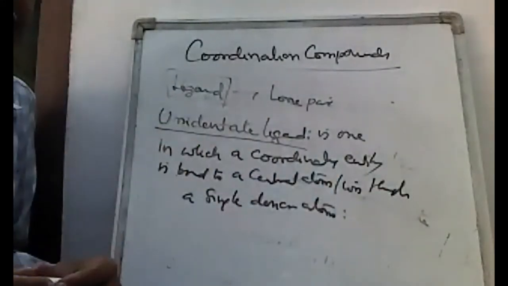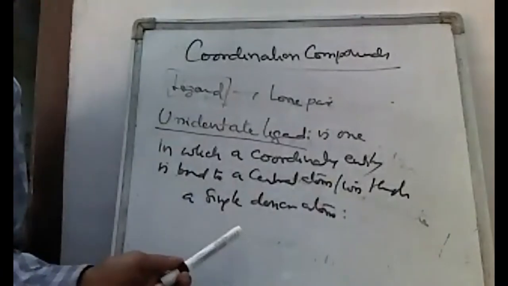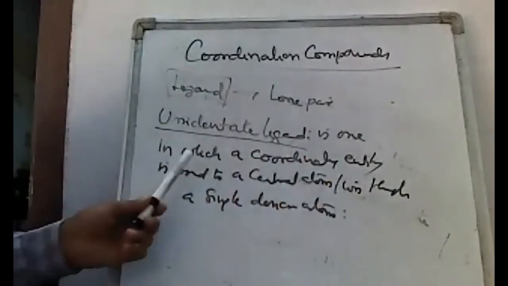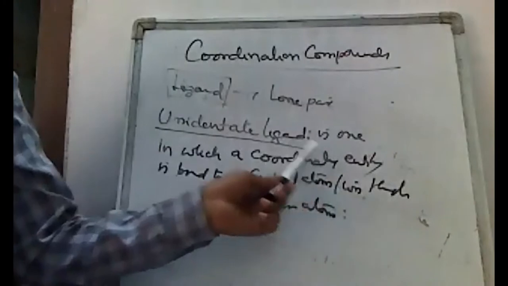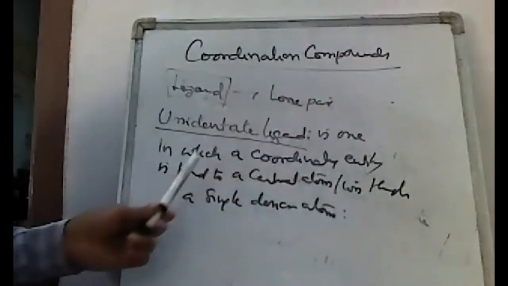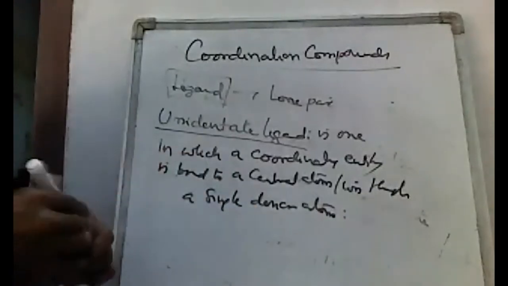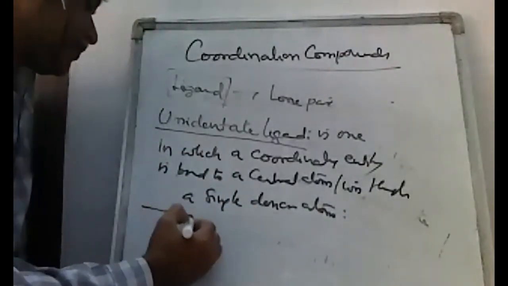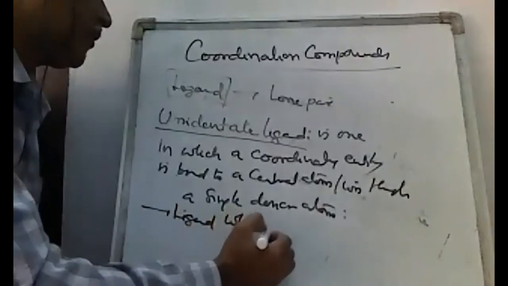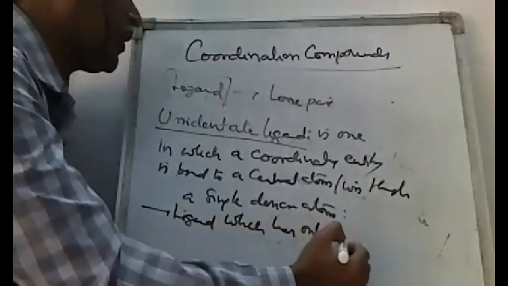What are unidentate ligands? A unidentate ligand is one in which a coordinating entity is bound to a central atom or ion through a single donor atom, or simply a ligand which has only one donor atom.